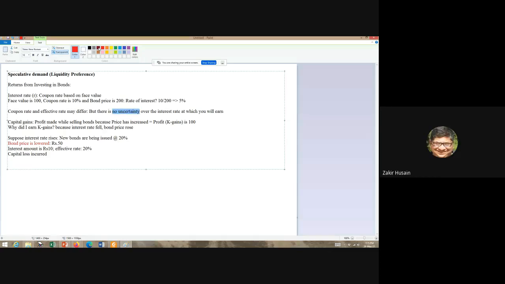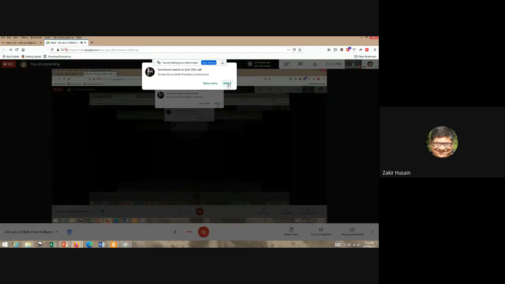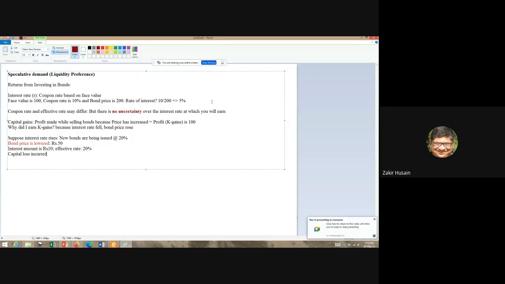Your effective rate may change, but not your interest earnings. But when you're talking about capital gain or loss, then you have uncertainty.